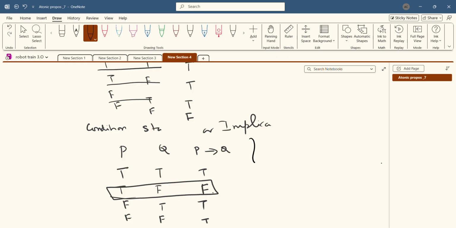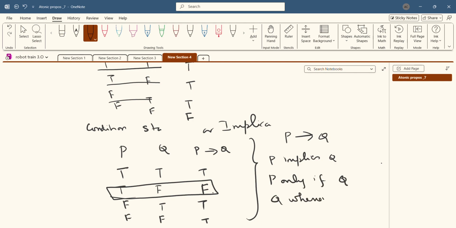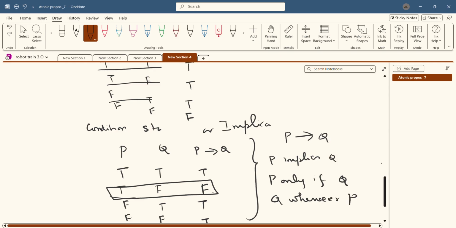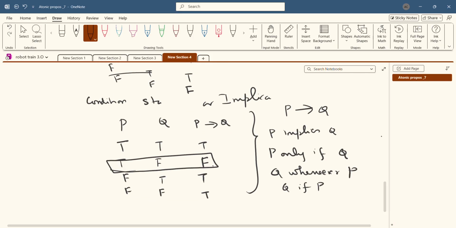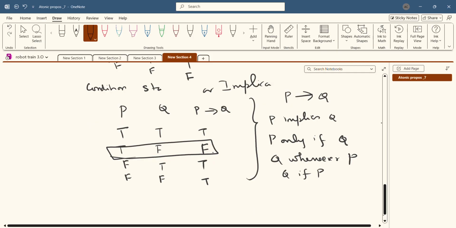For the conditional, we can use alternate ways to express a conditional statement. P conditional Q is also the same as P implies Q, P only if Q, Q whenever P, Q if P, Q is necessary for P, Q follows from P, Q is a consequence of P. Here we shall avoid the word implies.